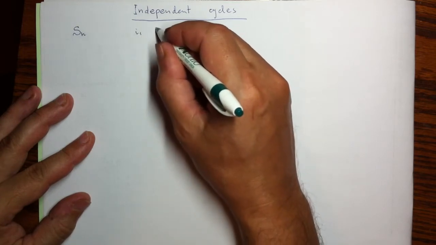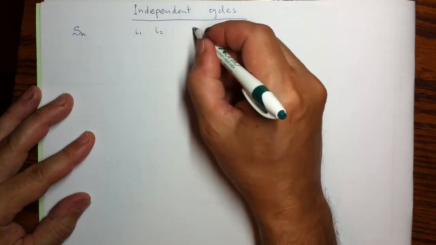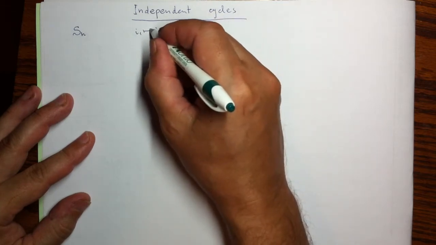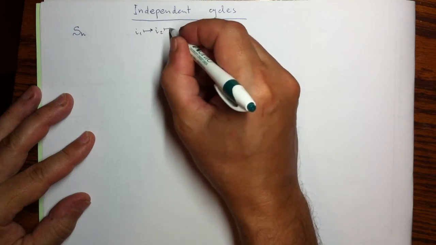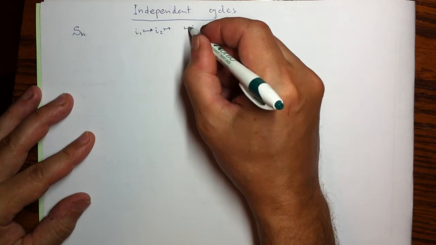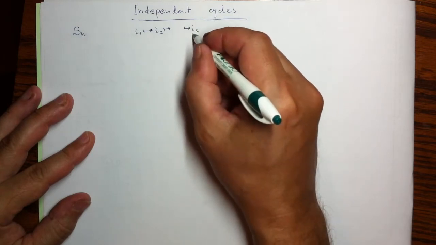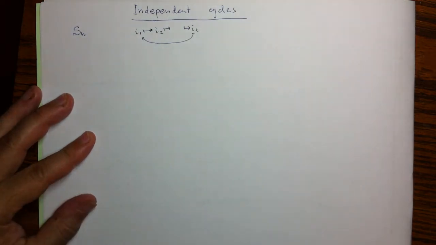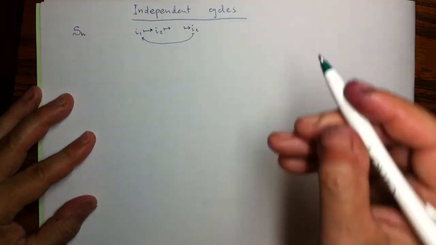So let's call them I1, I2, up to IL. And let's imagine a permutation which moves them this way. So the first in the list goes to the second, to the third, one before the last goes to the last, and the last is pushed inevitably back to the beginning of the list. So that is what is called a cycle.